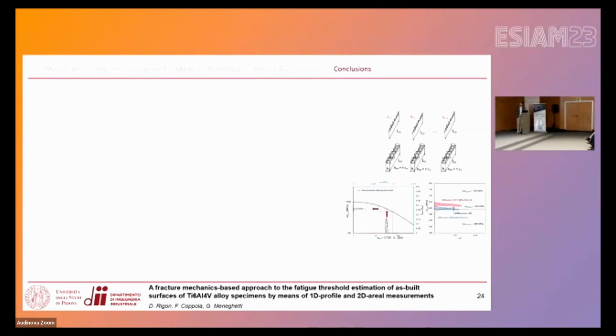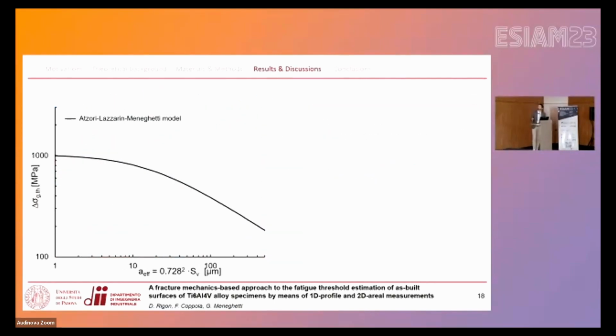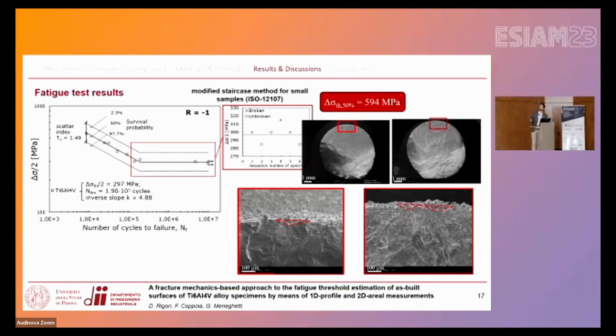We didn't compare the experimental killer pit, because it's quite difficult to take the reference line from, for instance, a fracture surface analysis like this one. So here I have just highlighted what could be the pit that originates the fracture.